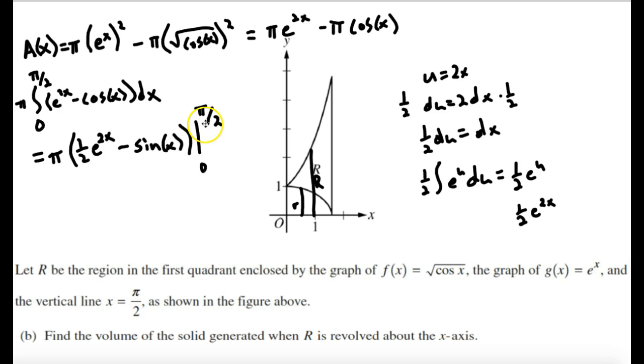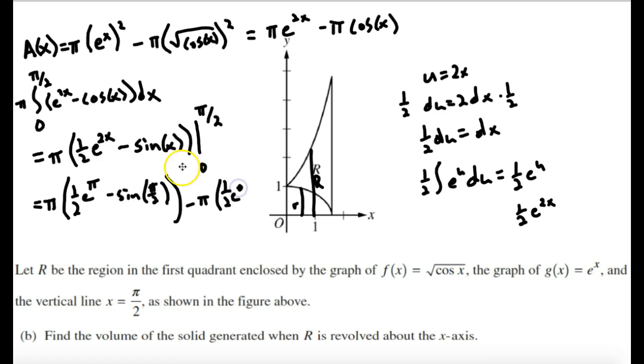So I'm going to plug in pi over 2 first. So pi times 1/2 e to the 2 times pi over 2 would just be pi, minus sine of pi over 2, minus, now we have to plug in 0, so we still have that pi out front, so pi times 1/2 times e to the 0 minus sine of 0.